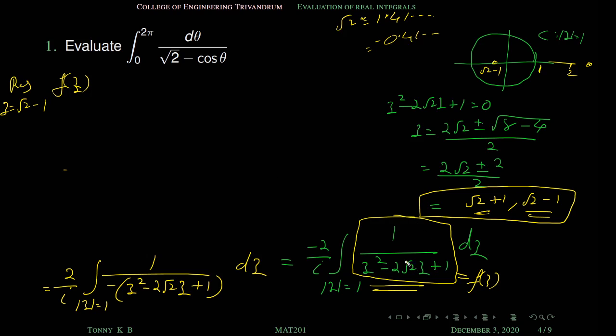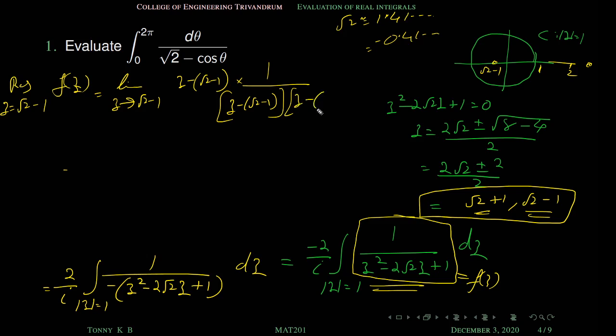Since it is a simple pole, we use the direct formula: limit z tends to root 2 minus 1 of z minus z naught, that is z minus (root 2 minus 1), into 1 by the polynomial, which we can factor as z minus (root 2 minus 1) into z minus (root 2 plus 1).